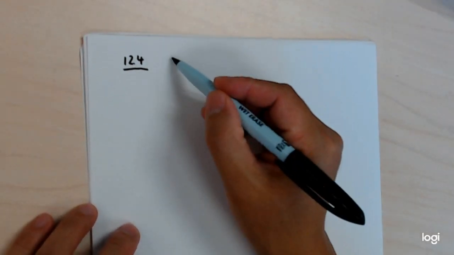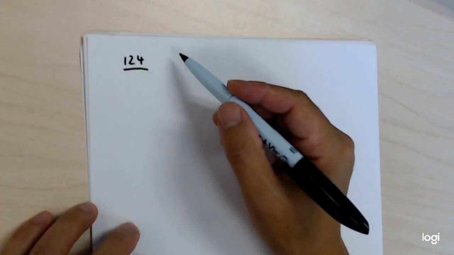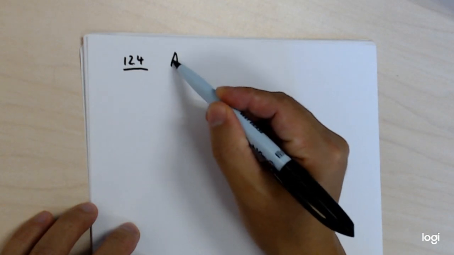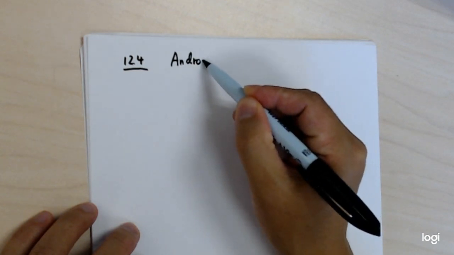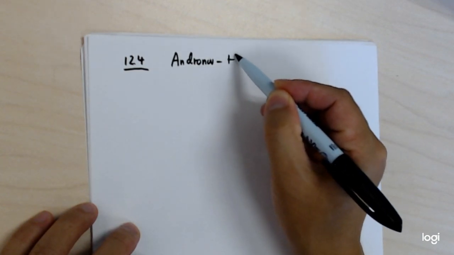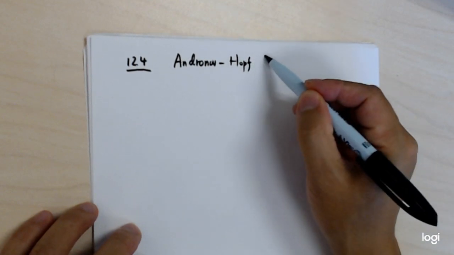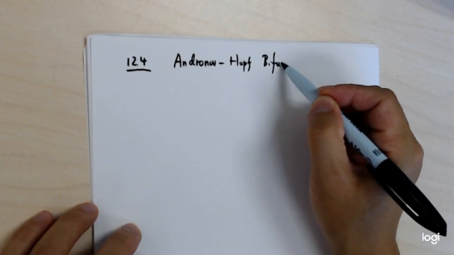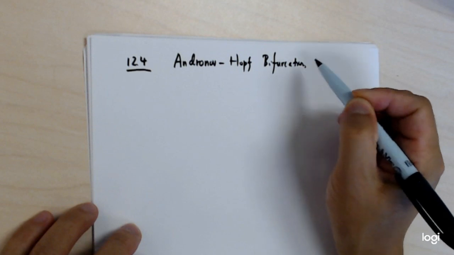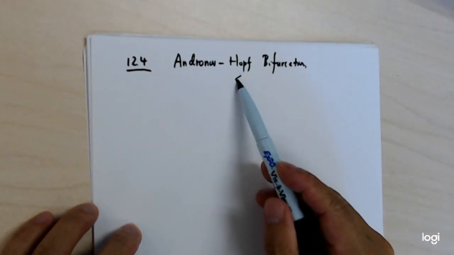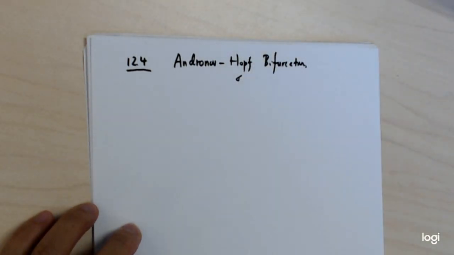So this is the Dyn12 Hopf bifurcation, or sometimes just abbreviated as Hopf bifurcation.